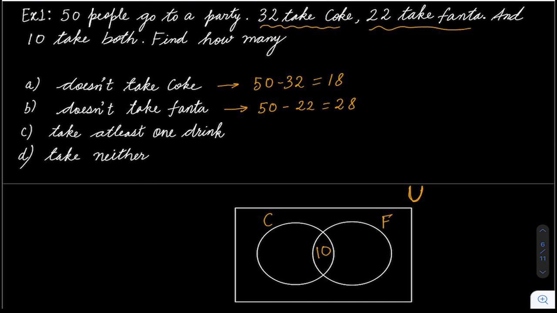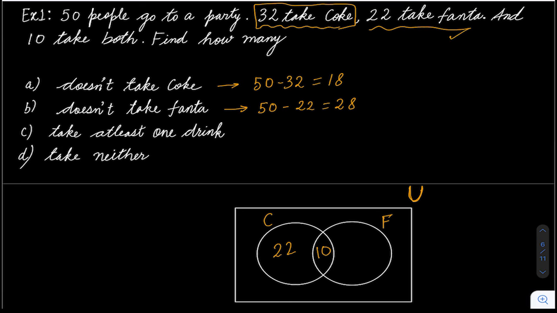Now we know that there are a total of 32 who drink Coke. So if 10 is in this, then obviously this remaining part will be 22. I hope everyone understands this. Because total Coke drinking persons are 32, if 10 are in the common part, then obviously this remaining part of C will have 22 people.